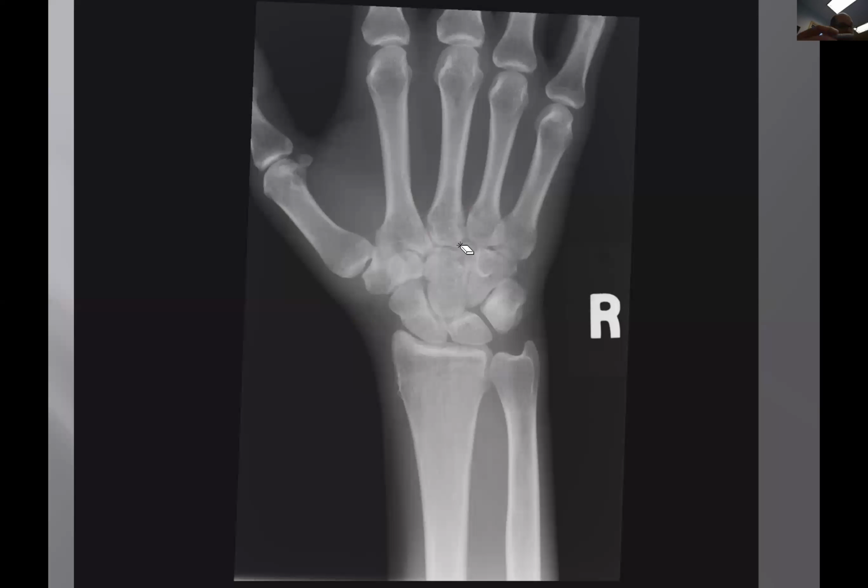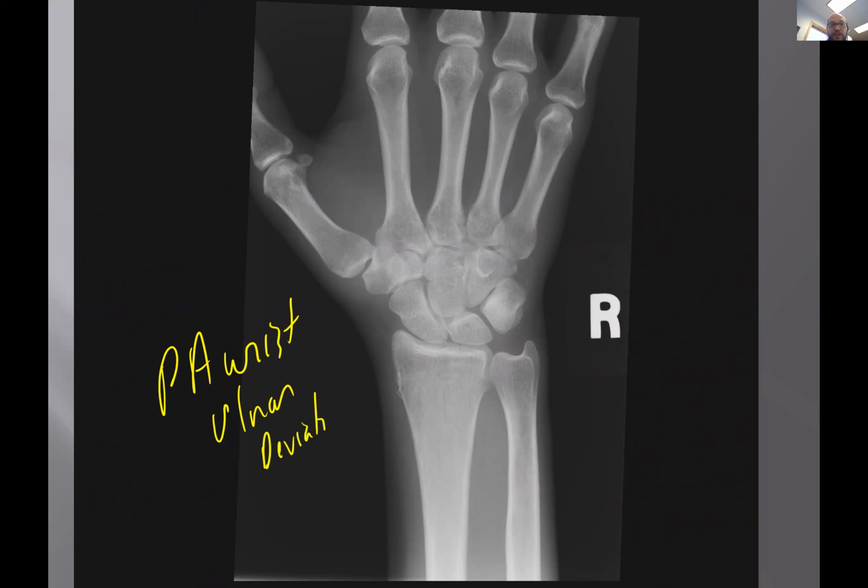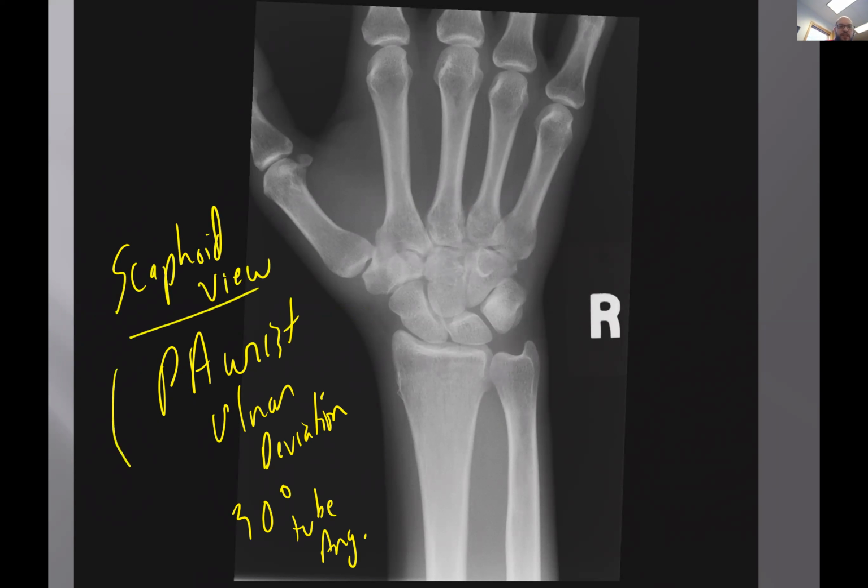So remember, on these, you want to get a P to A wrist, ulnar deviation with 30 degrees of tube angulation. We've got to have a better view if we're going to see the scaphoid. That's called the scaphoid view. This is the scaphoid view.